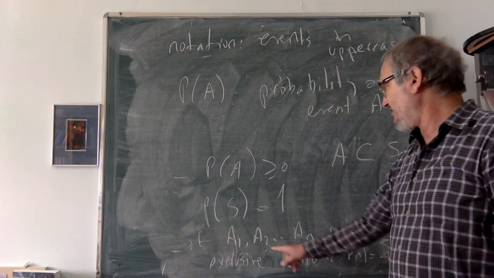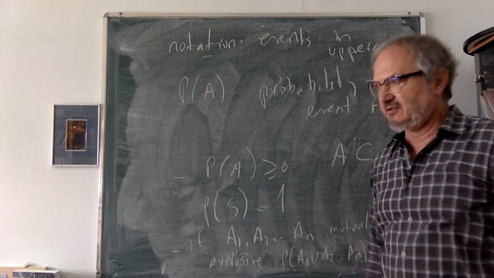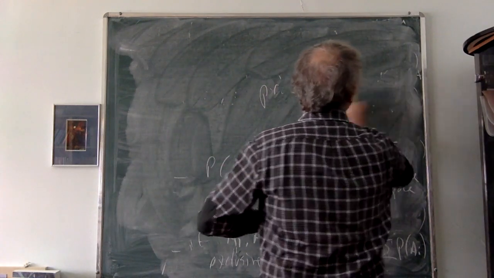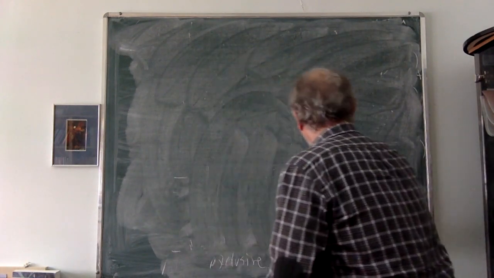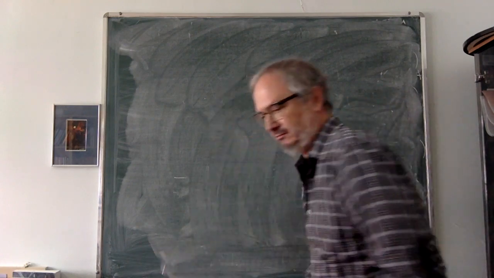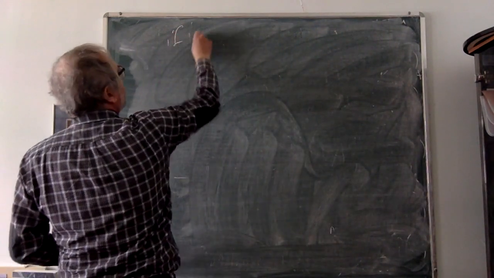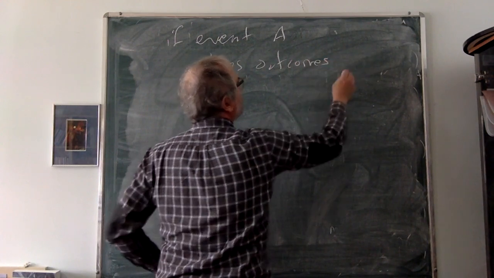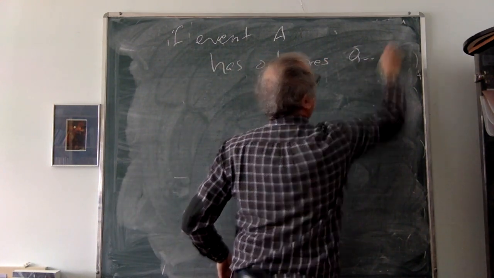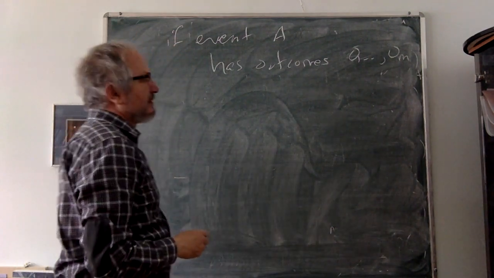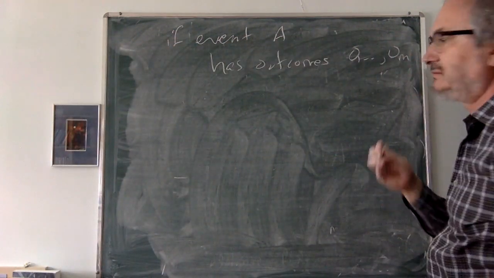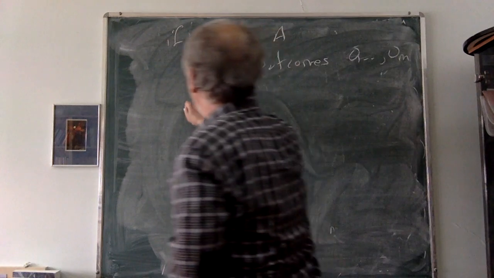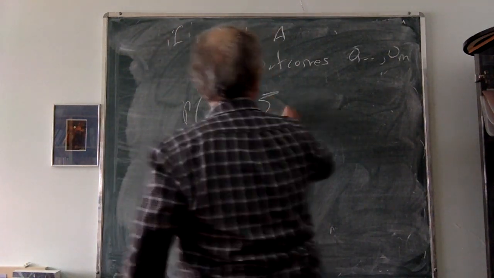So, and if this event itself has certain outcomes, okay, and if this is the outcome, the space of A, so the probability of A is the sum of probabilities of outcomes.